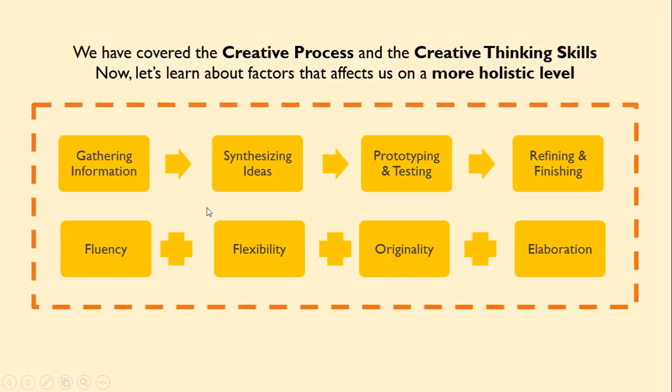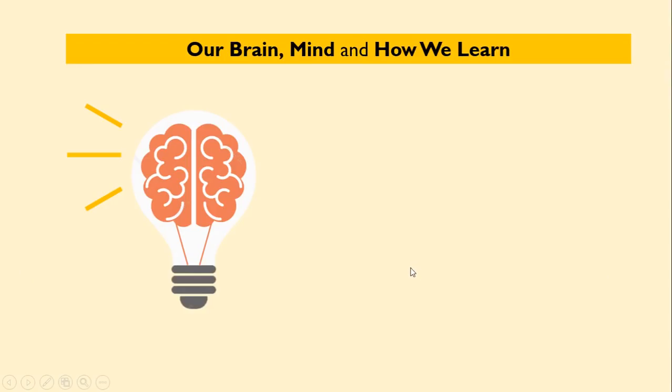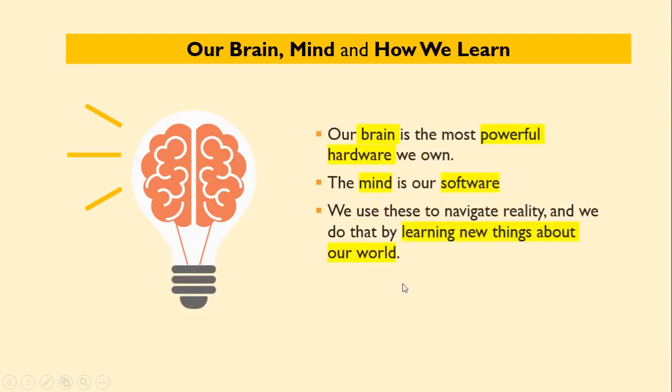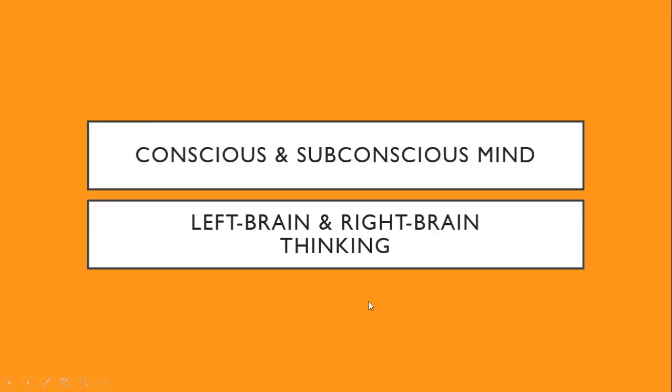Today's lecture will be yet another theory about our minds and our brains and how we use this hardware and software to learn about the world. And it ties in very closely to the topic that we covered previously, which is our conscious and subconscious minds and our left brain and right brain thinking styles.